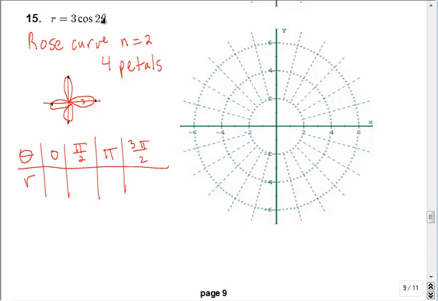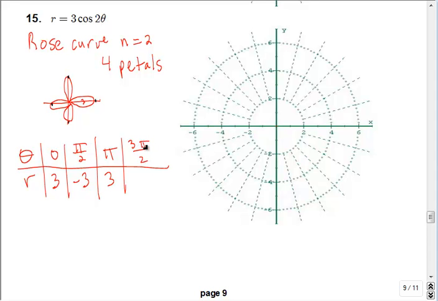If I plug in 0, cosine of 0 is 1, and 3 times 1 would be 3. If I plug in pi over 2, remember we need to do 2 times that, and 2 times pi over 2 becomes pi. Cosine of pi is -1, and -1 times 3 is -3. If I plug in pi, that becomes 2 pi, which cosine of that is 1, and 3 times 1 stays 3.